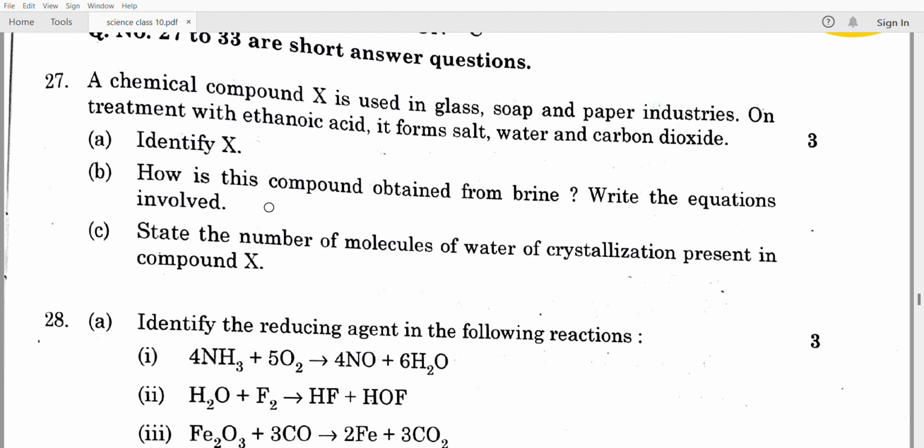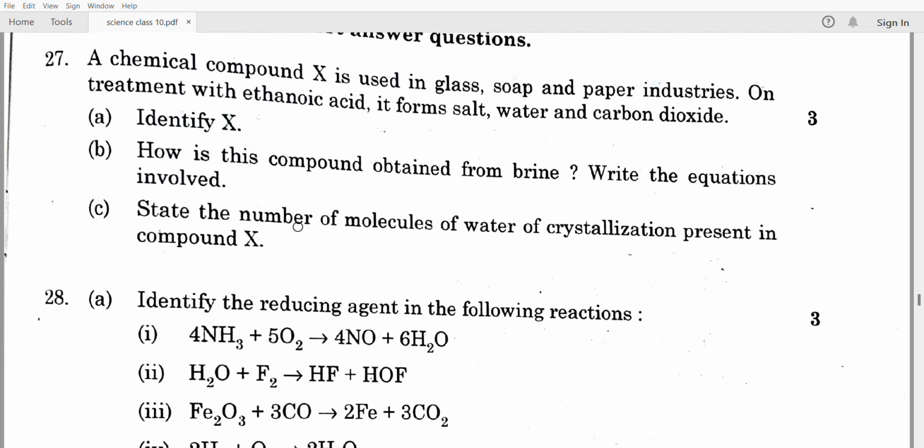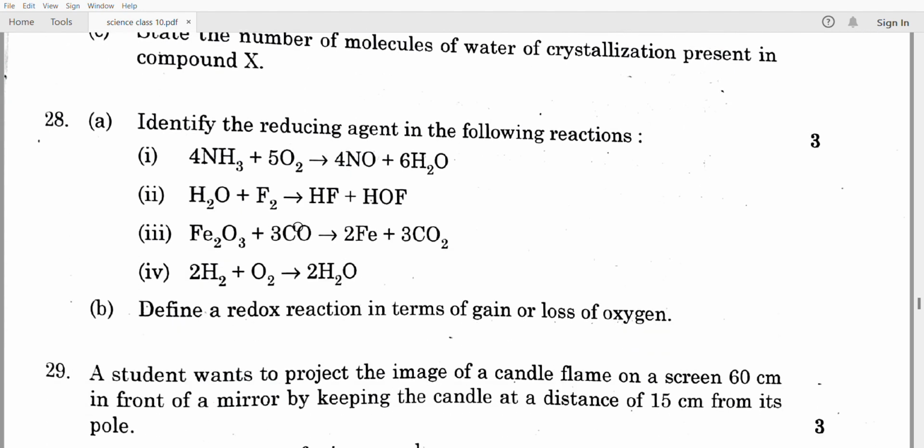Again the water recrystallizes with Na2CO3, forming Na2CO3.10H2O.